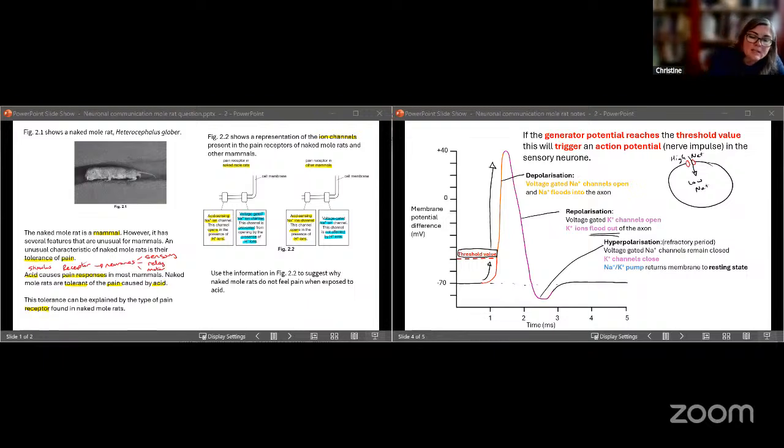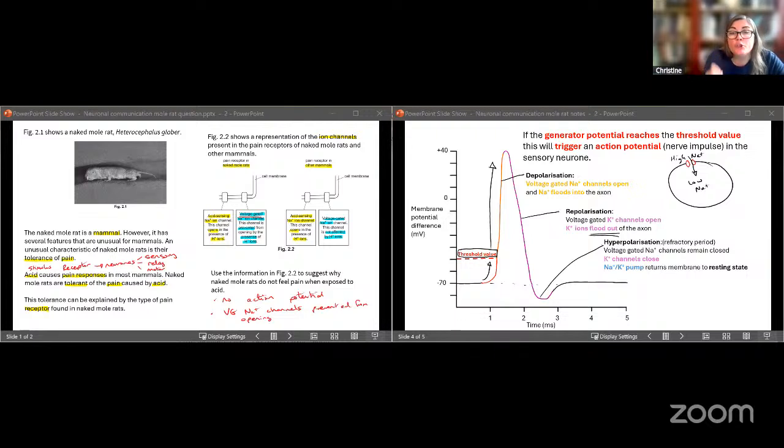So what we can see in this case is that there is no action potential, because they've told us our voltage-gated, I'm abbreviating here, but do not abbreviate in the exam, our voltage-gated sodium channels are prevented from opening.